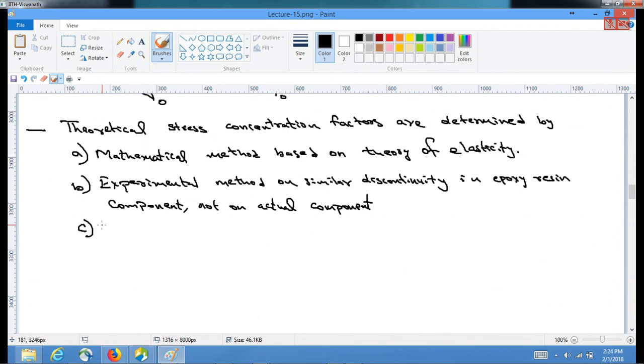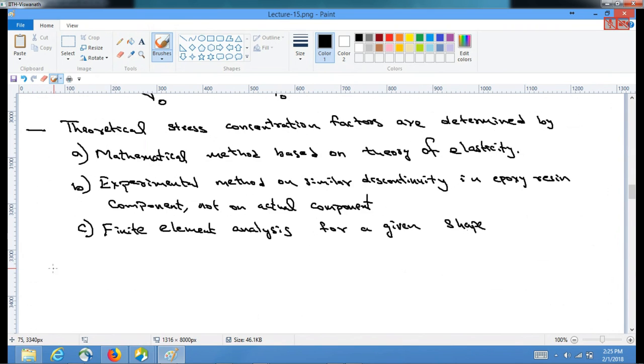The third one is to do a full-fledged finite element analysis for a given shape or discontinuity.